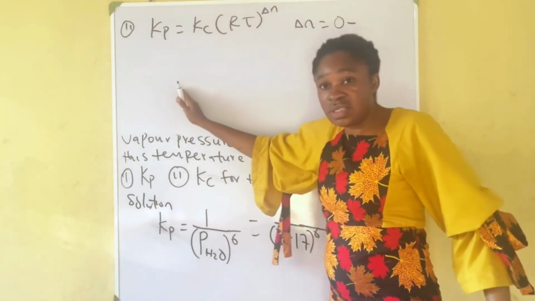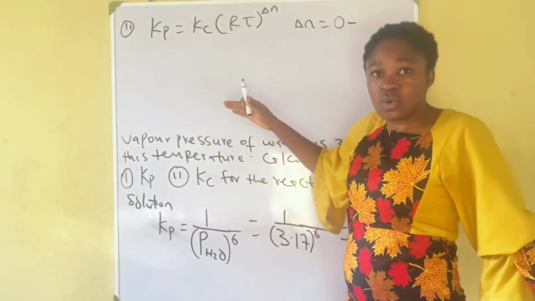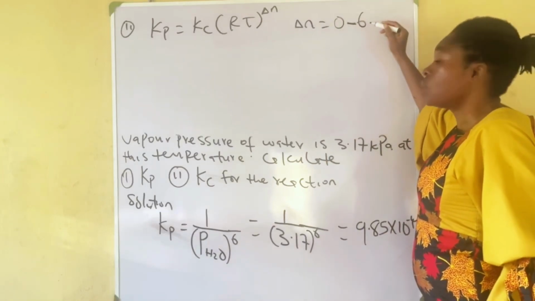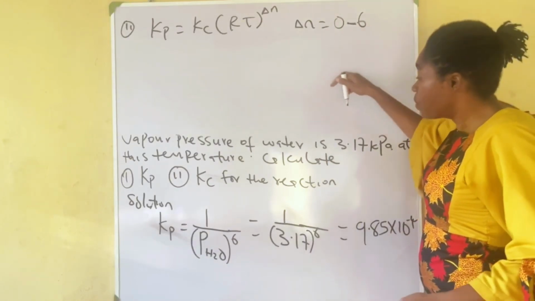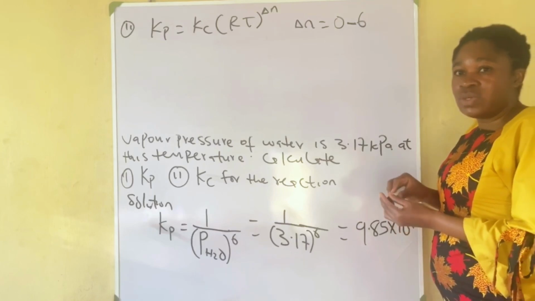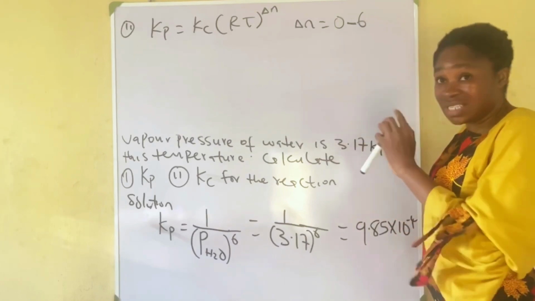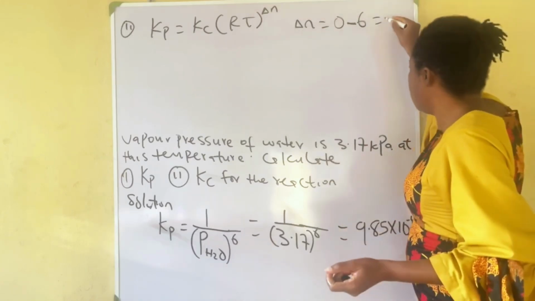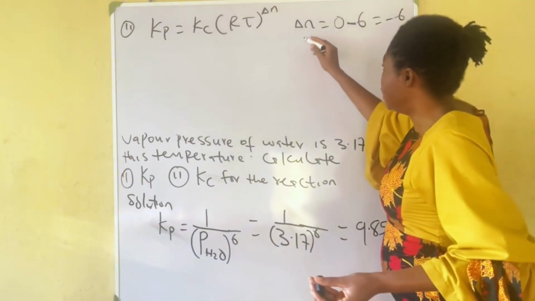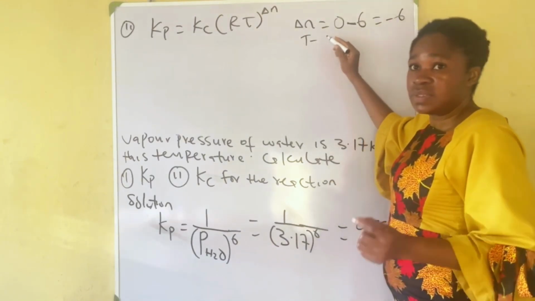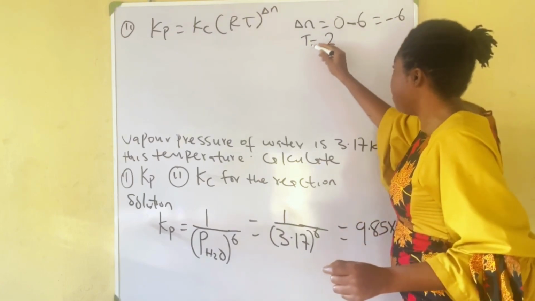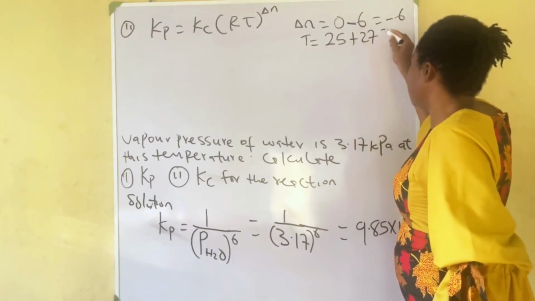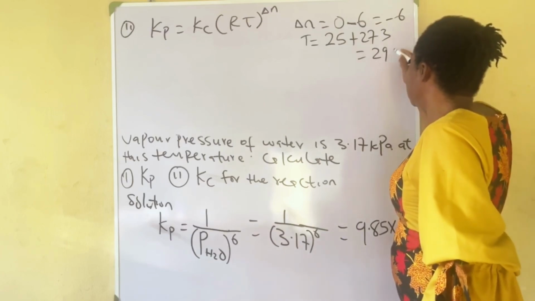The other one is solid, NiSO4 solid, we will not use it. So 0 minus 6, not 1 minus 6, because that product is solid. So it counts as 0. Nothing is there, I'm not using anything there. 0 minus 6 equals minus 6. Temperature must be in Kelvin. We are given 25 degrees Celsius, you add 273, so it will be 298 Kelvin.